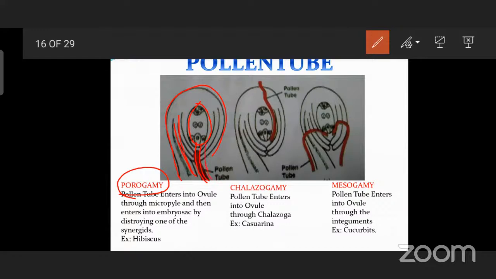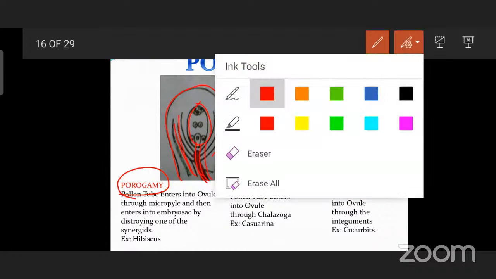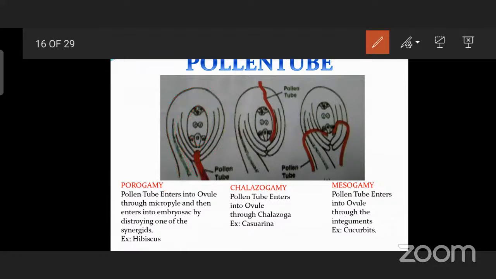The pollen tube enters the ovule through the micropylar region and then enters the embryo sac by destroying one of the synergid cells. This is known as porogamy. Example, hibiscus.